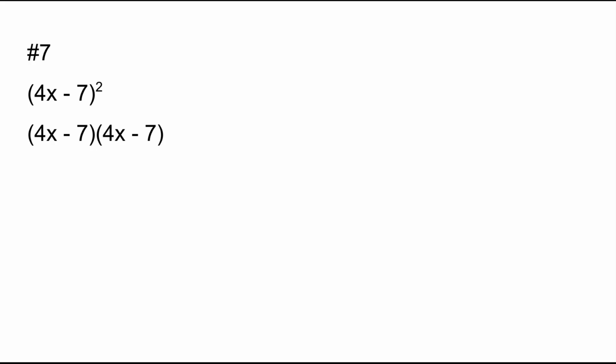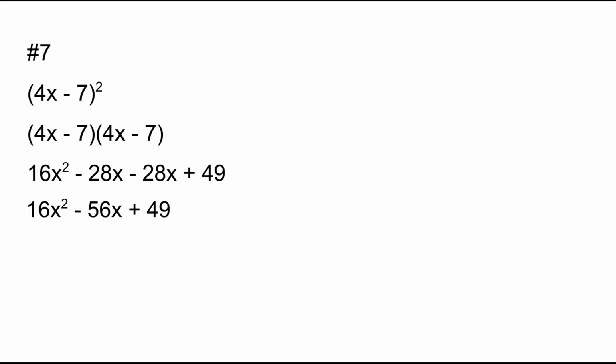Negative 7 times negative 7. You should have these numbers written down after you have solved those multiplication problems. Let's combine our like terms. Negative 28x plus negative 28x is negative 56x. Our final answer is 16x squared minus 56x plus 49.